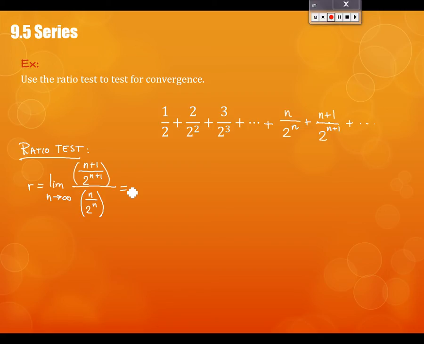So I'm going to try and clean this up in ways that feel familiar here. I'm going to flip a fraction here and all that. So I think I get, what do I get? n plus 1 over 2 to the n plus 1 times 2 to the n over n. And this is the fun part, right?